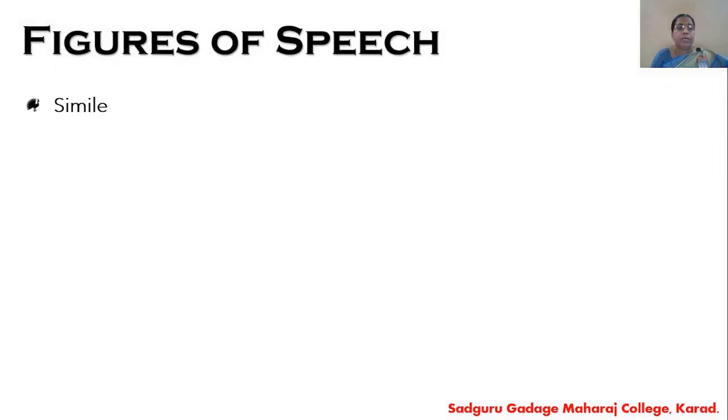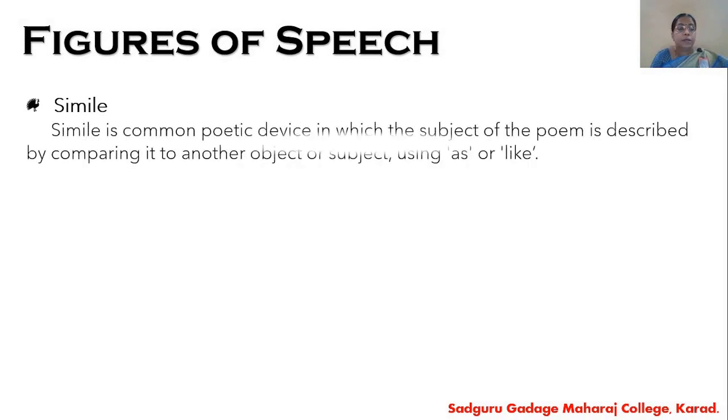Next figure of speech is simile. Simile is a common poetic device in which the subject of the poem is described by comparing it to another object or subject using as or like.